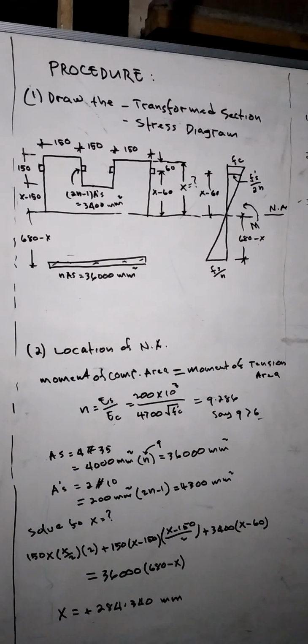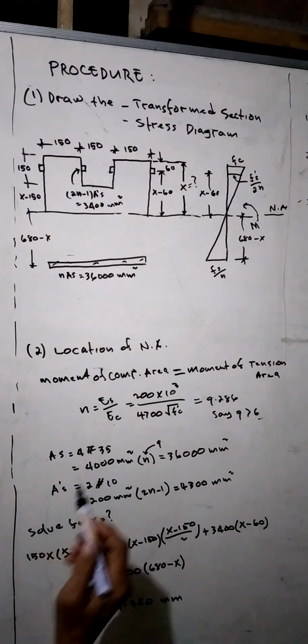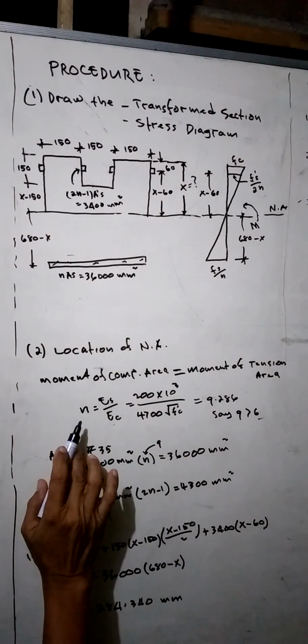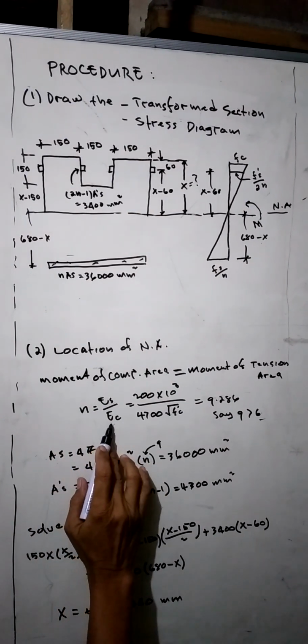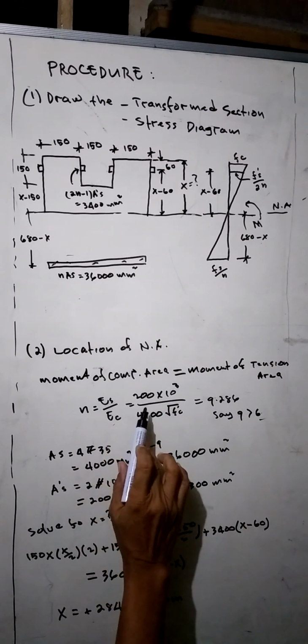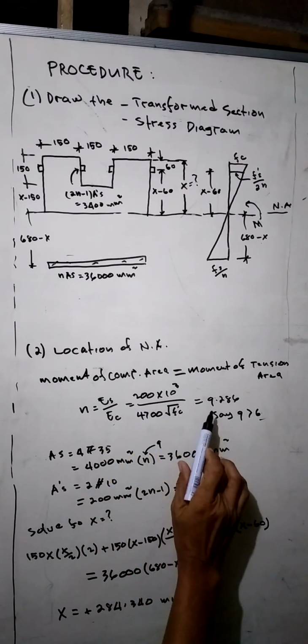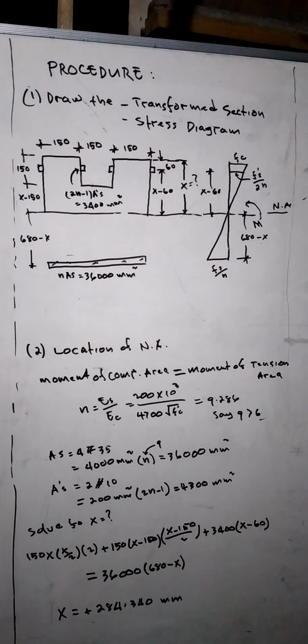Before we go into solving the value of x, we compute first the modular ratio, ES over EC, and the result is 9.286. Say 9, which is greater than the minimum value of n, which is 6.